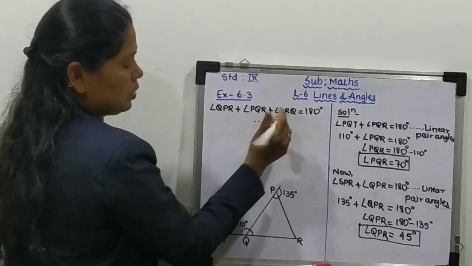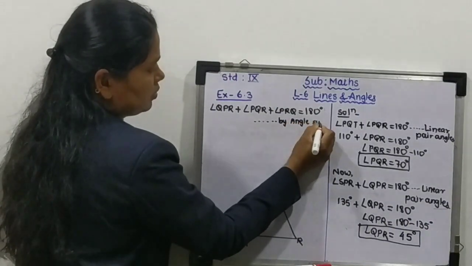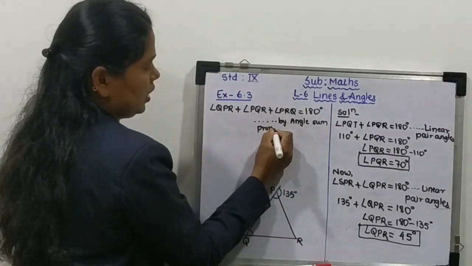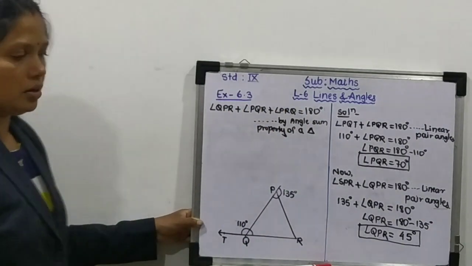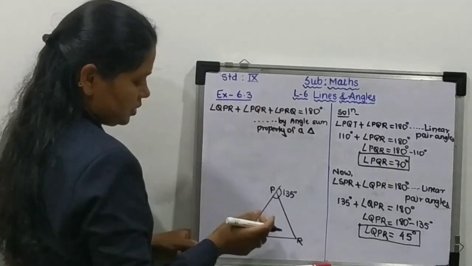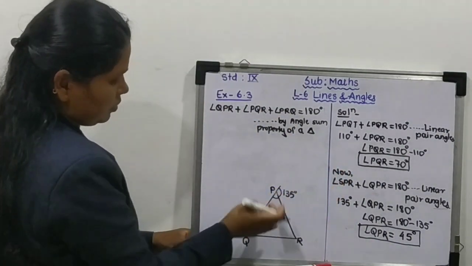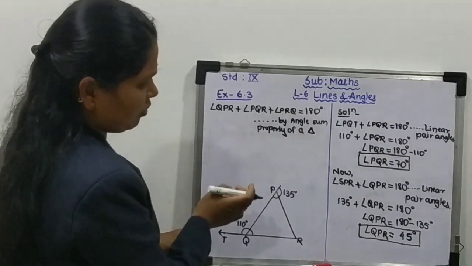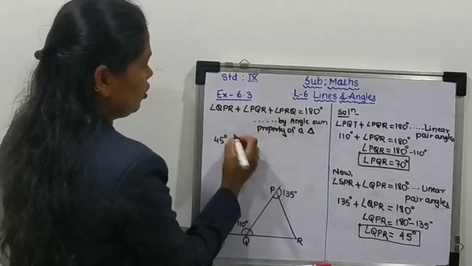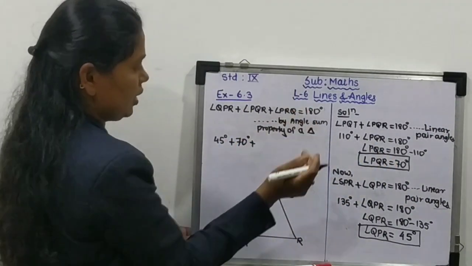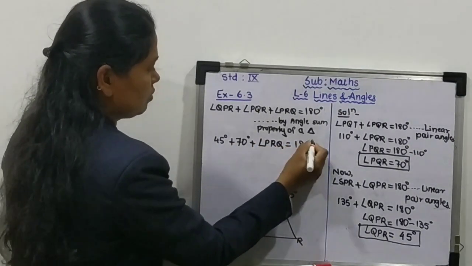So, by angle sum property of a triangle. Let us now write their measurements. Angle QPR we have found to be 45 degrees, then PQR we got 70 degrees, and angle PRQ we are going to find out, which is equal to 180 degrees.